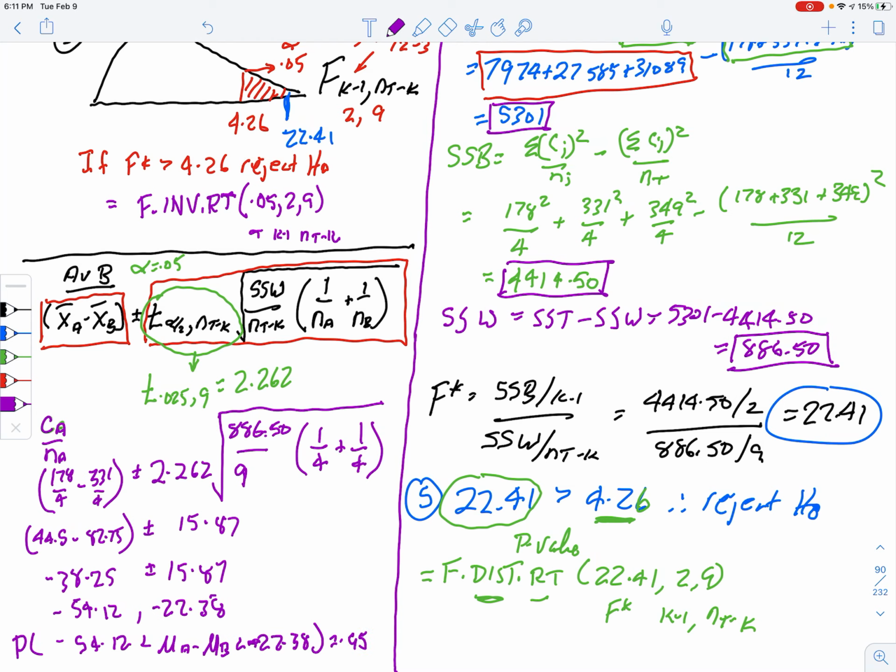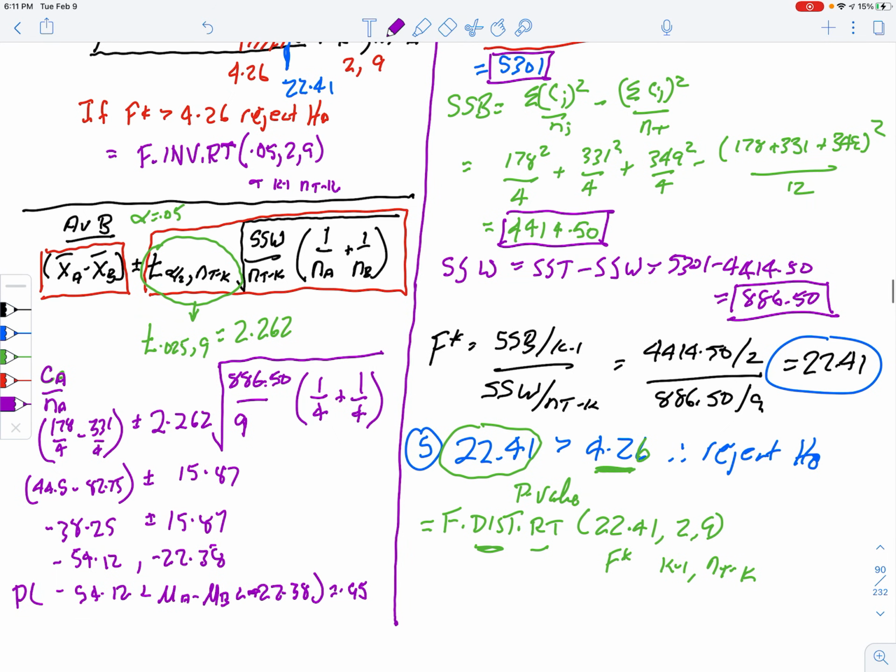Okay, let's explain this. Now, what we had was the Alberta trees on average were 44.5 feet high. The BC trees on average were 82.75 feet. So the difference is just over 38 feet.